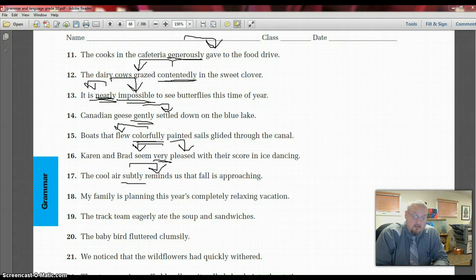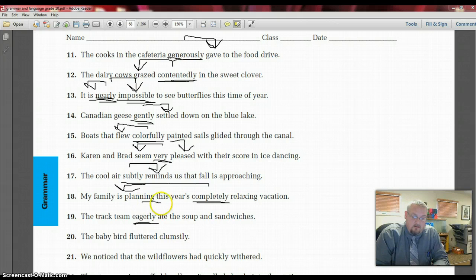Number 18. My family is planning this year's completely relaxing vacation. Completely is planning. Number 19. The track team eagerly ate the soup and sandwiches.